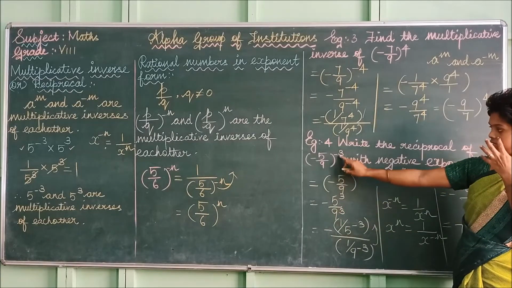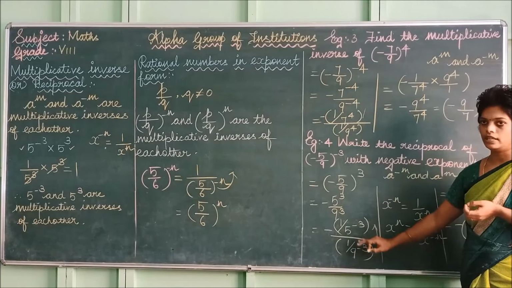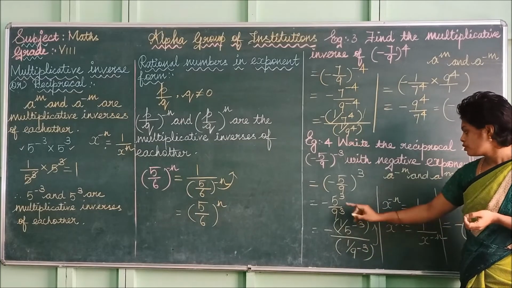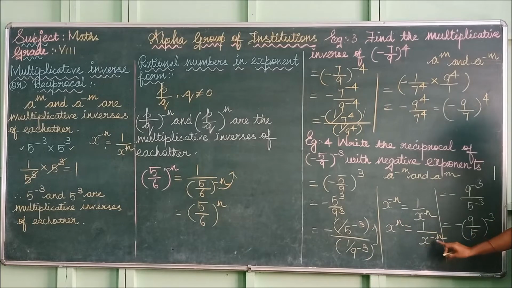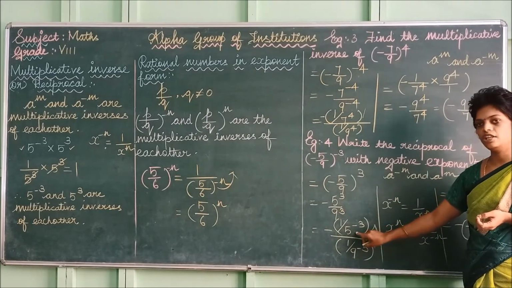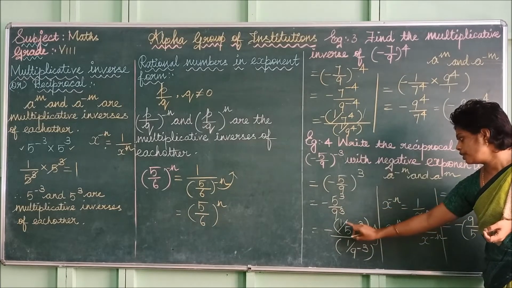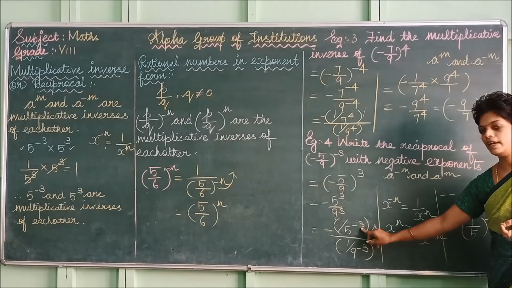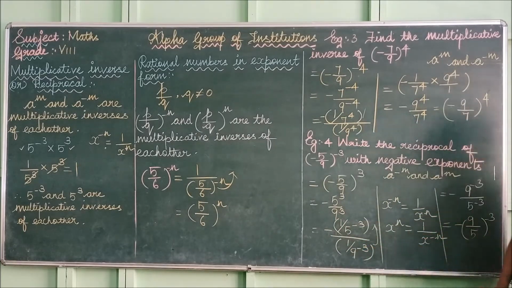But our question is in negative exponents, so you have to change this value also into negative exponent. Using this formula, x^n equals 1 divided by x^(-n). The exponent is positive, so you can change it into negative using this formula. 5^3 can be written as 1 divided by 5^(-3). This 9^3 can be written as 1 divided by 9^(-3).